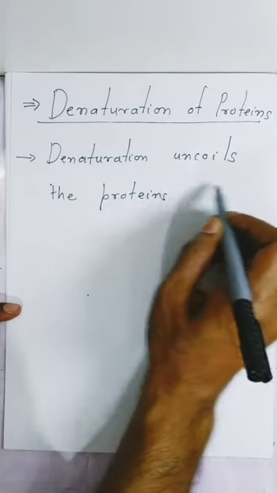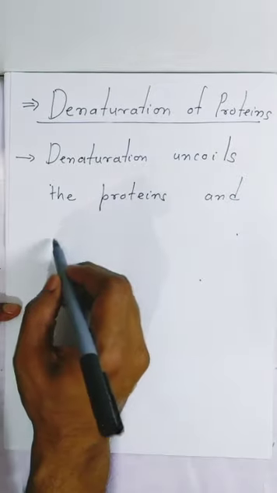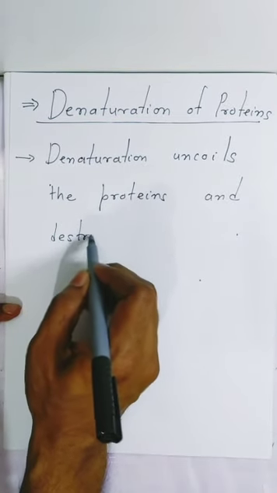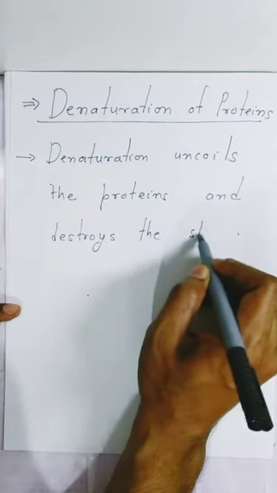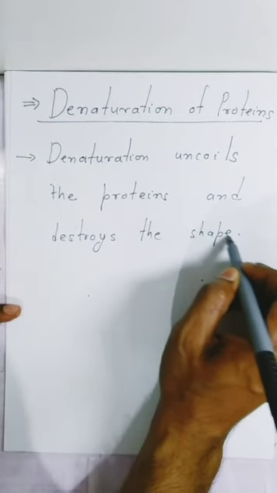Uncoil the proteins and destroy the shape. It is called denaturation.